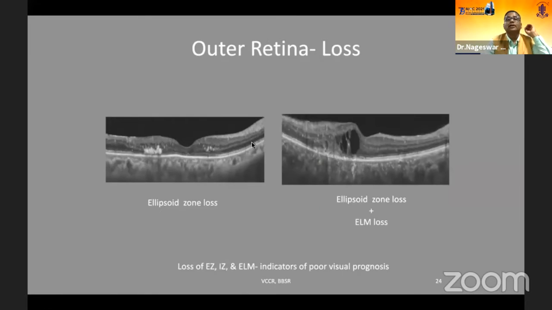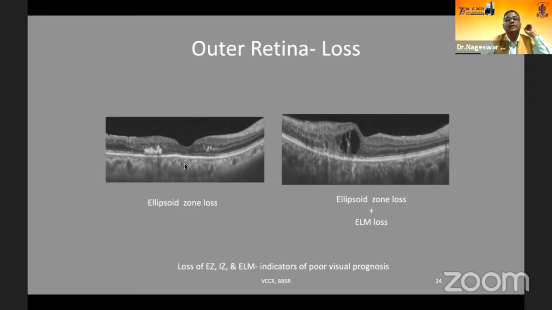And for outer retinal interruption, outer retinal loss is an important parameter in so many disease entities, particularly in long-standing diabetic macular edema, retinal vasculopathies, or age-related changes.